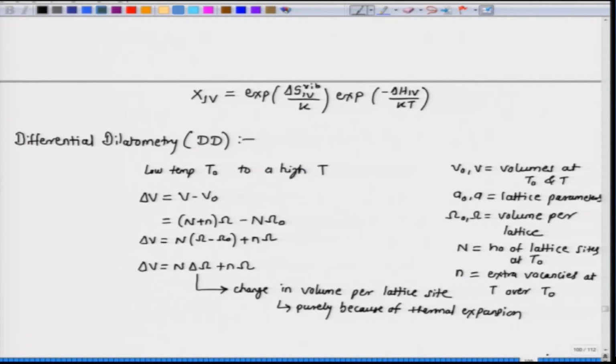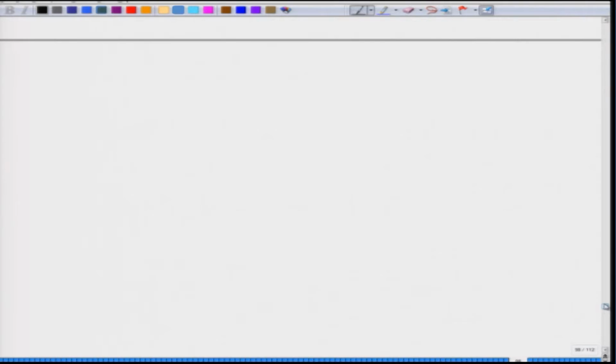So, what we are assuming is that at any given temperature T, if a vacancy is created, there is one extra lattice site which is added, and that extra lattice site also has the volume omega, or the creation of the vacancy does not change the volume per lattice site. Now, in practice there may be a little bit of change in volume because of creation of the vacancies.